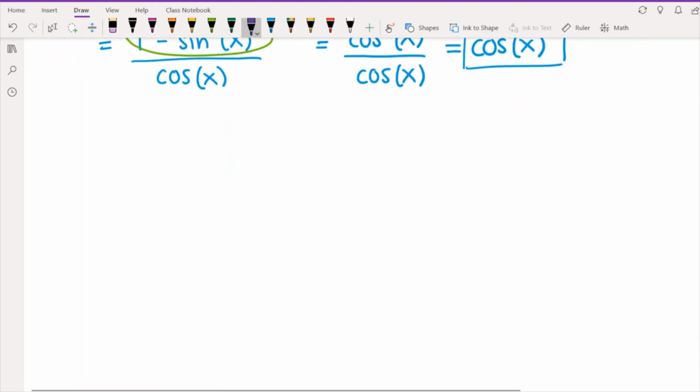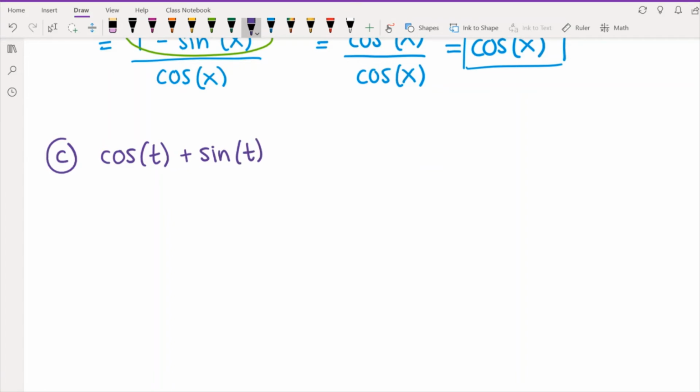Okay, so next up, we have, not B, C. C is cosine of t plus sine of t times tangent of t. Again, in this one there really isn't anything we can do until we rewrite stuff in terms of sine and cosine.